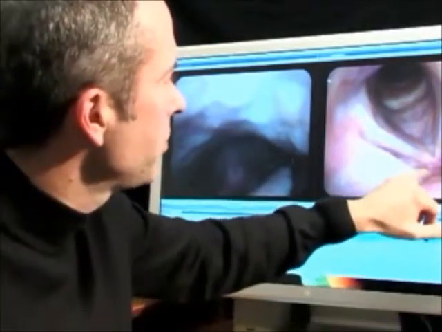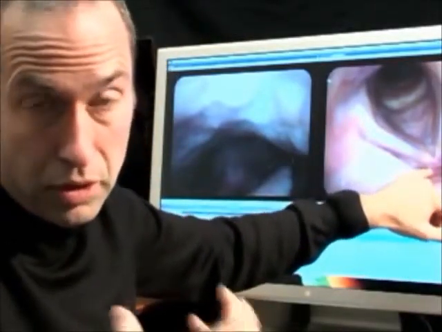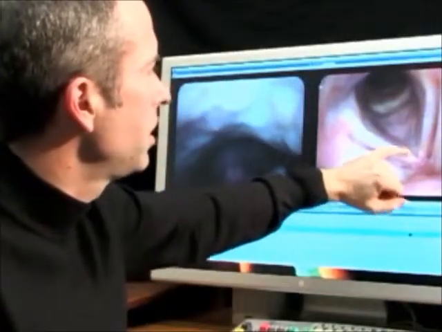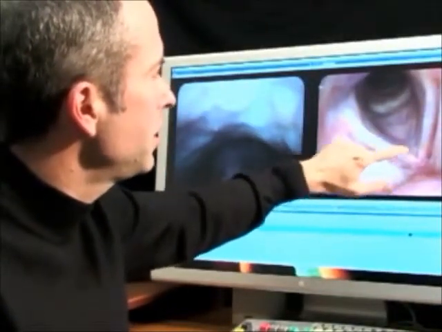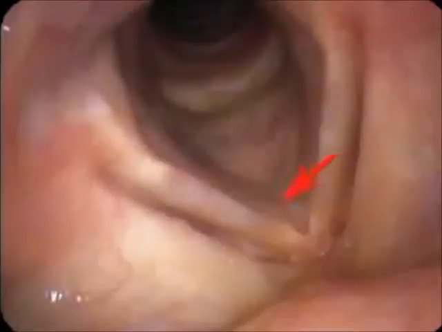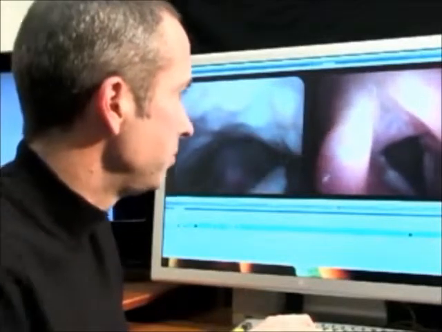And at the front of it, there's a little gland called the saccule. And we can look at that as well. So by getting close, we get some detail. And we can see underneath the cords, that is the subglottis. And we can see the muscle of the vocal cord called the thyroarytenoid. We can see it in the vocal cord, but we can also see its thickness below the vocal cord. So those are the structures that I look at.